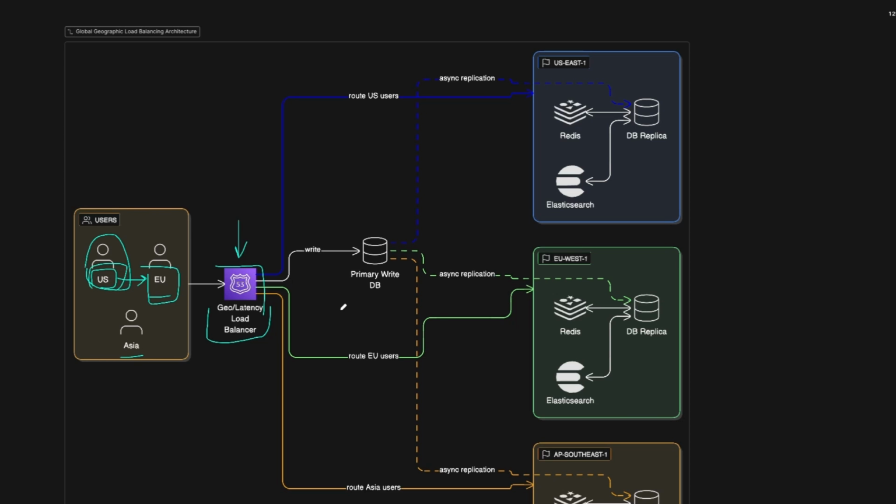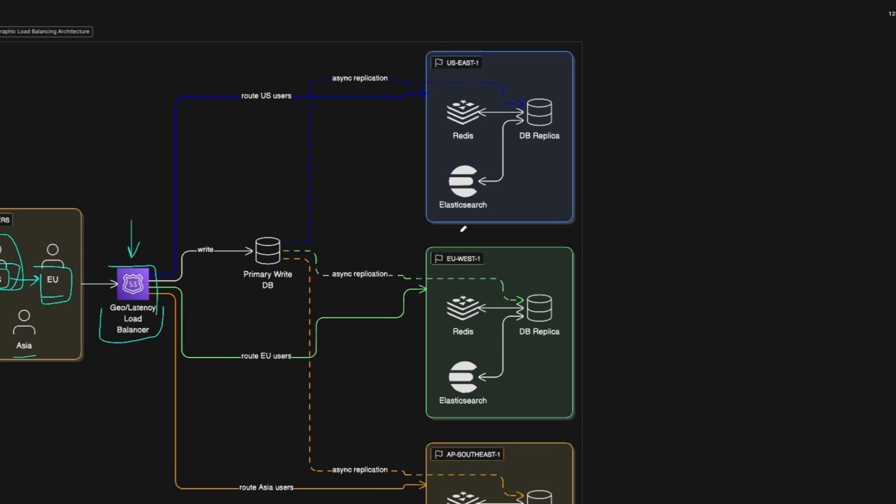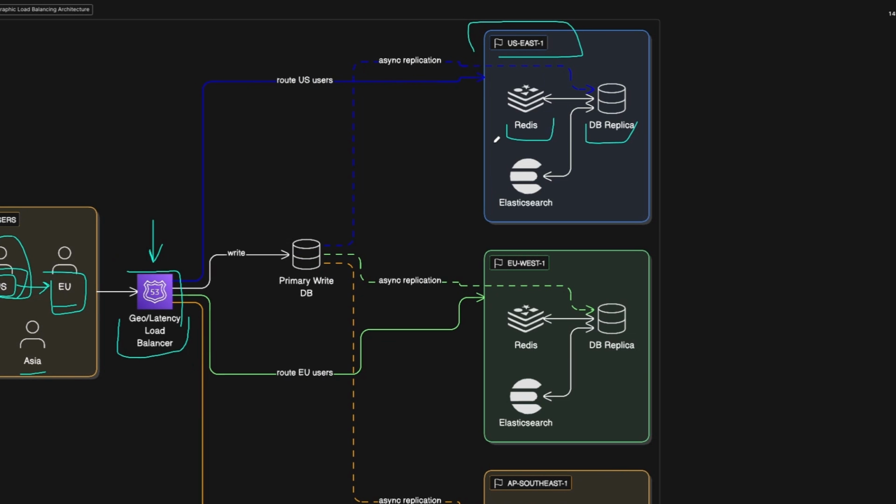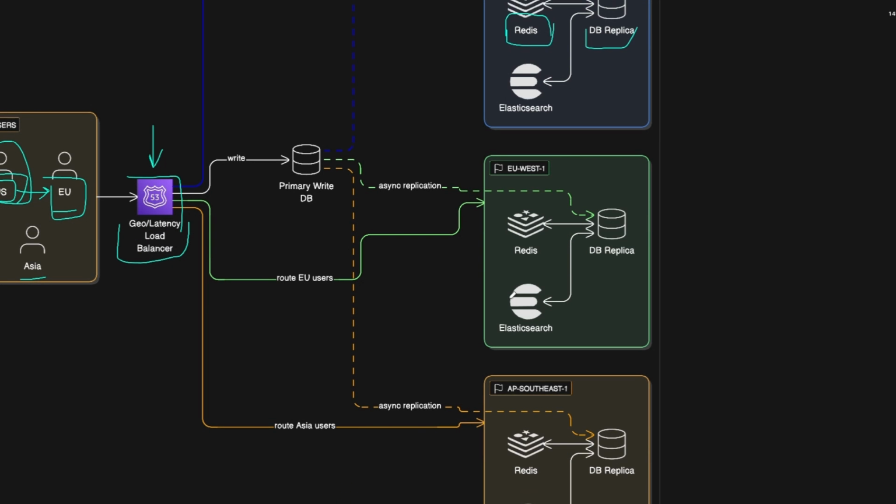And what we can replicate here, based on the locations, is different database replicas, which are read-only. We can have the Redis cache again in each location, because we will probably cache the US region users' hotels in the US Redis, and it doesn't make sense to also cache the Europe hotels here, so we will have those in a different replica in a different region.